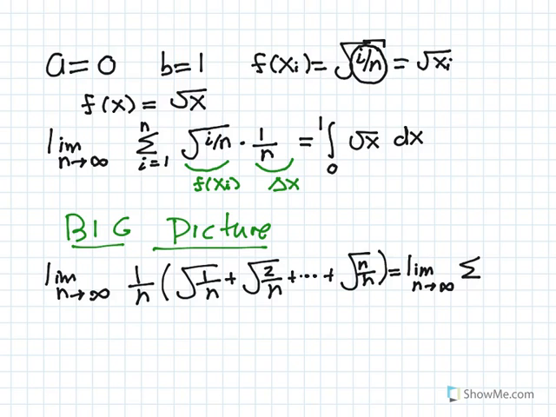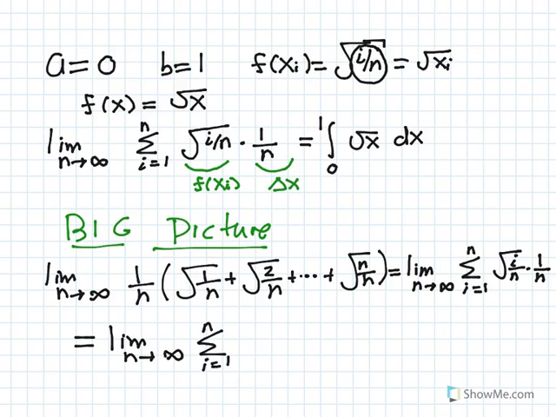That's summation i goes from 1 to n of root i over n times delta x of 1 over n. That's equal to the limit as n goes to infinity of summation i goes from 1 to n of root xi times delta x. And we turn that into a definite integral. That's from 0 to 1 of root x dx.